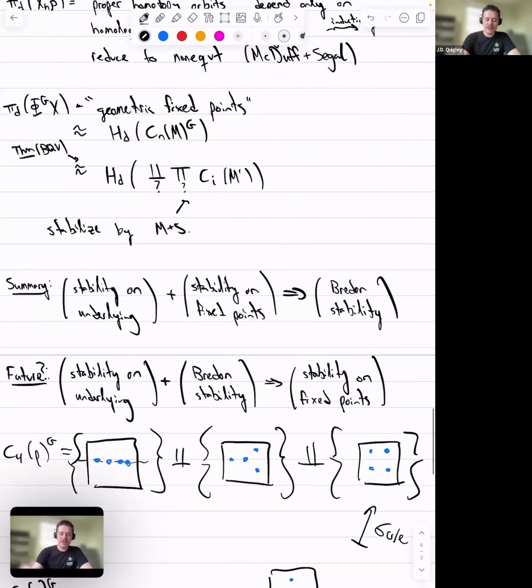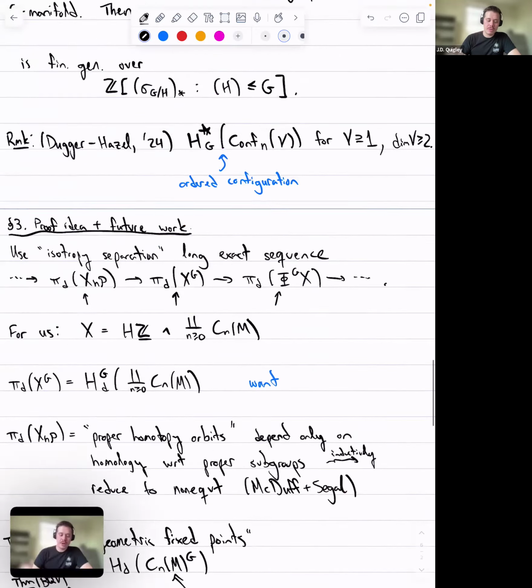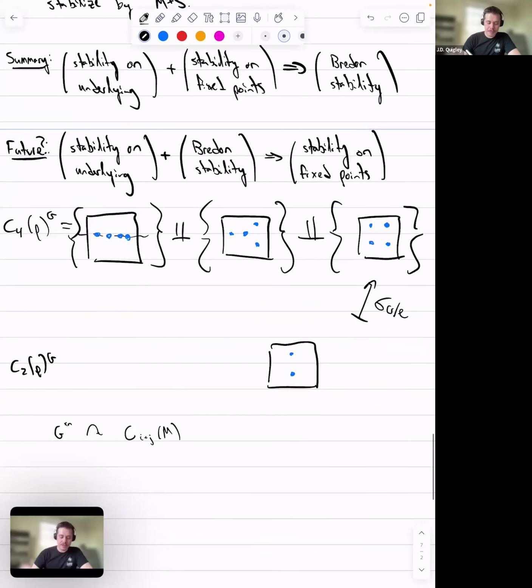So when we're proving this decomposition of the fixed points into products of whatever, what we're really doing is thinking of this as a configuration of 4 fixed points. This is a configuration of 2 fixed points plus 1 free orbit. And over here, this is a configuration of 2 free orbits.